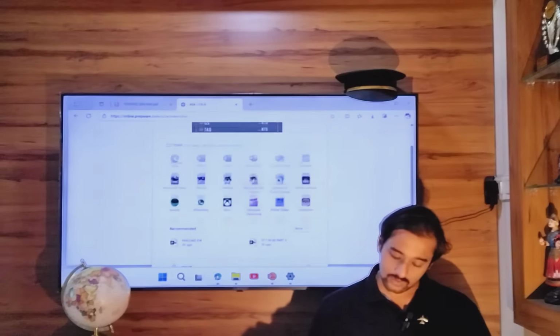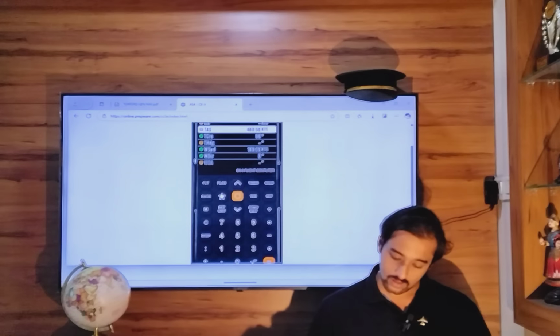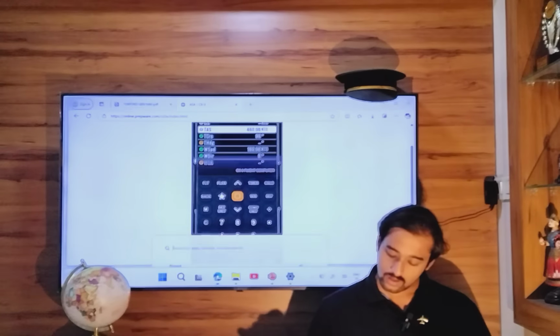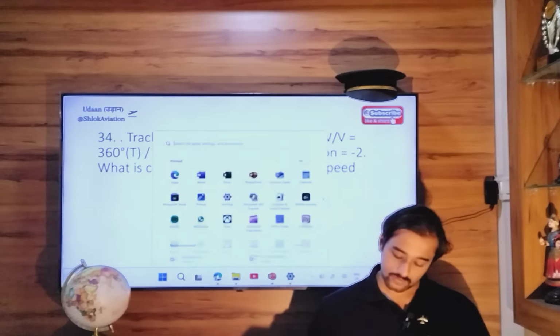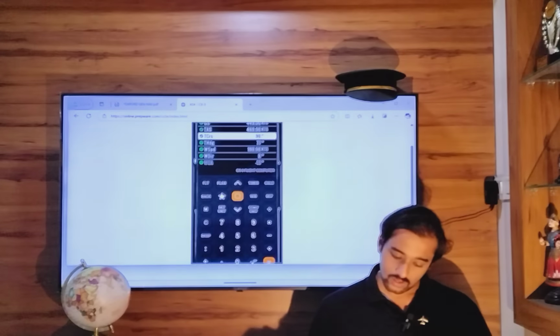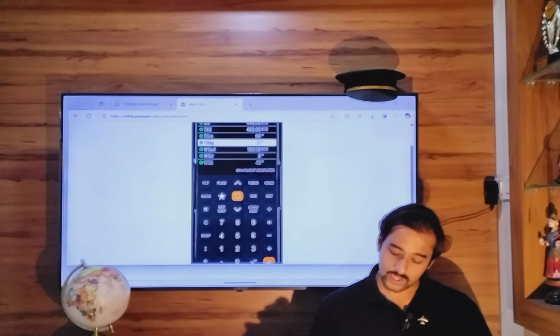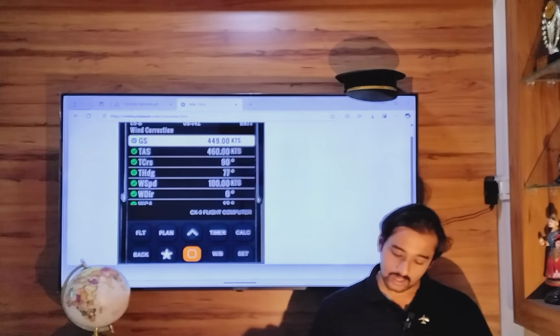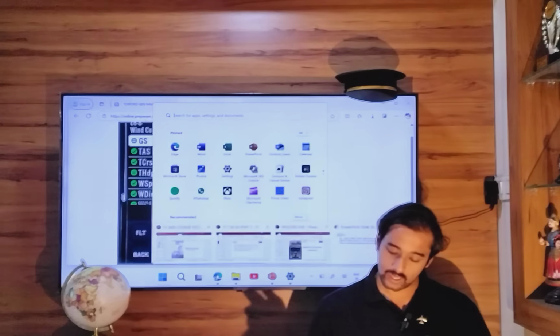You get a true heading of 077 and a ground speed of 449.